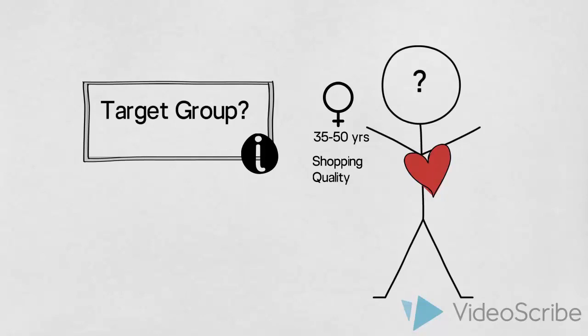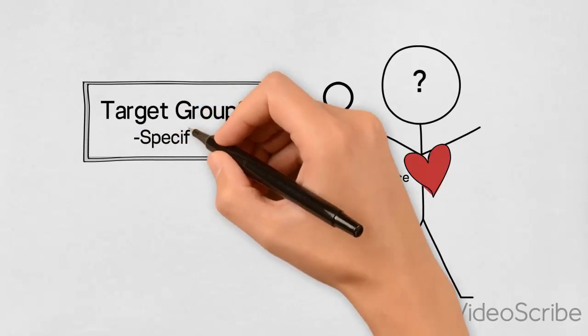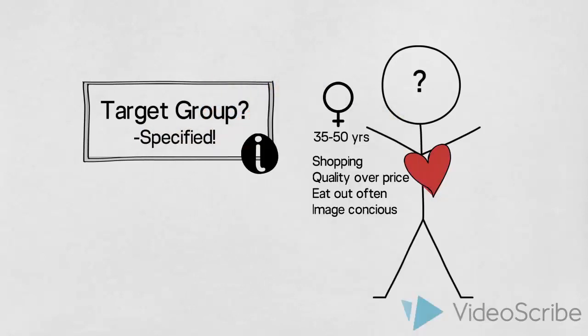They choose quality over price, they eat out often, and although they will never admit to it, it's important to them that they are seen in the right places. This information is also valuable to us in more detailed planning regarding choice of specific media, timings, and the creation of the actual messages. This will enable us to carry out an effective campaign.